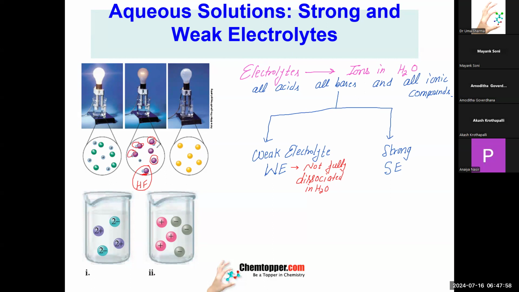Can you see one molecule? So here the dissociation in HF is less or more? Very less. It's not fully dissociated. It's giving you a small amount of ions. That's a weak electrolyte, HF.